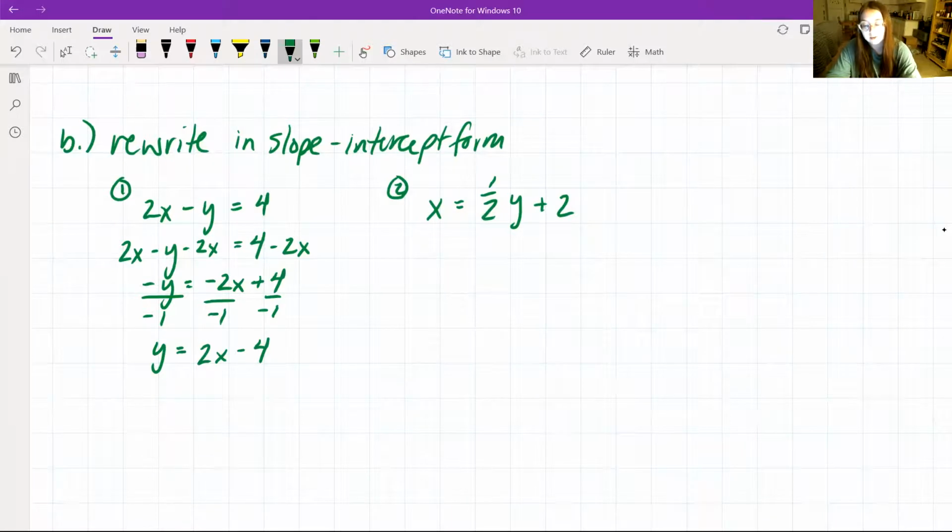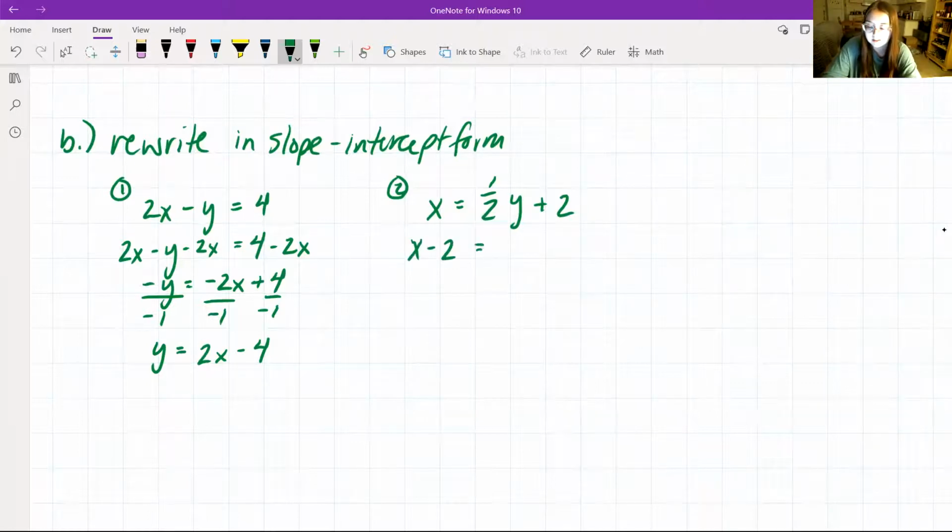Now for our second equation, we still want to isolate y. Y in this case is on our right-hand side, but we can just solve for y, and our last step can be flipping it in the other direction. So let's subtract 2 from both sides.